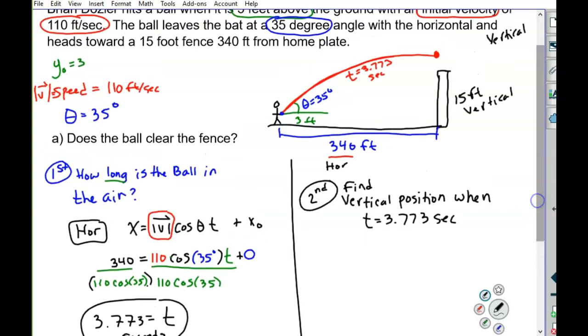That's the speed. That was given right up here. So the speed at which the ball leaves the bat, that's your speed, 110 feet per second. And then the theta is the 35 degrees. That's the angle that the ball leaves the bat. And the 340 was how far we had to travel in total.